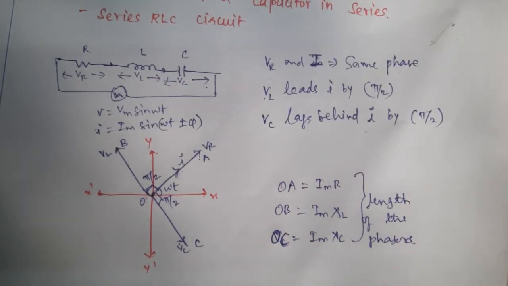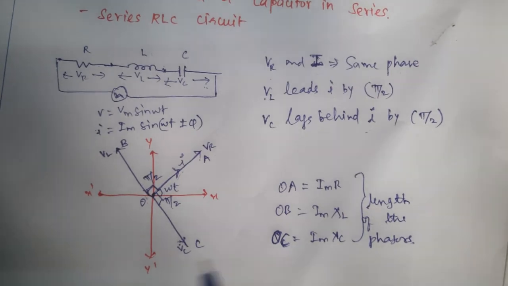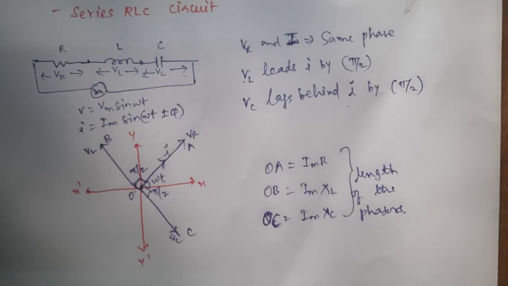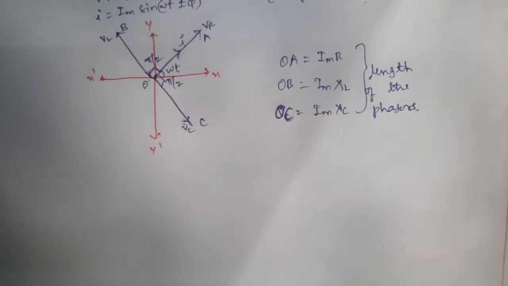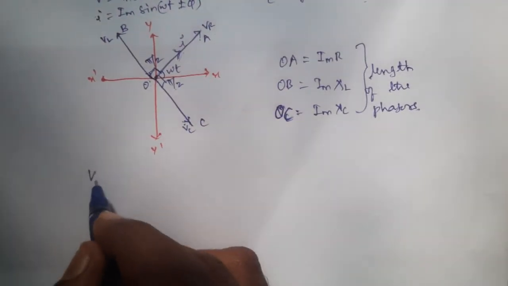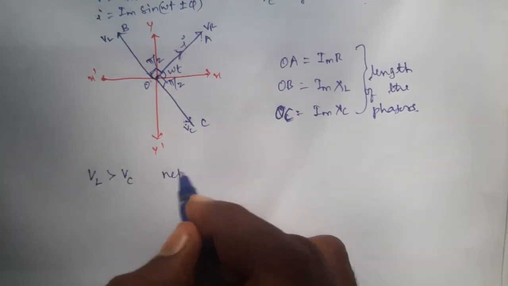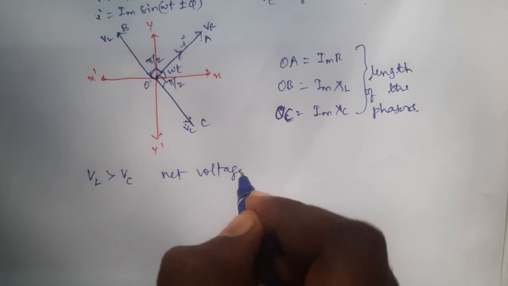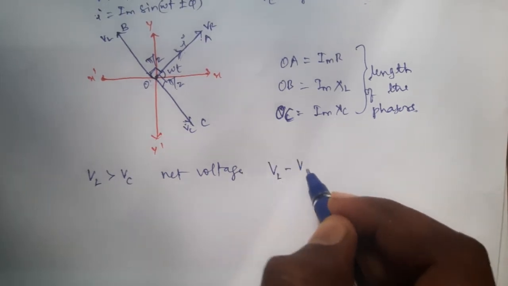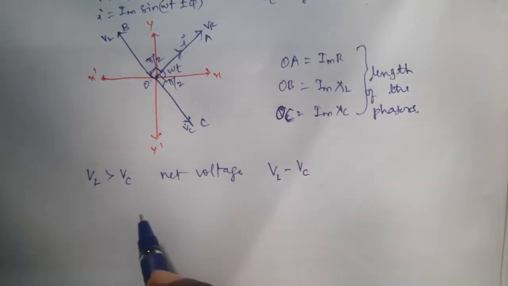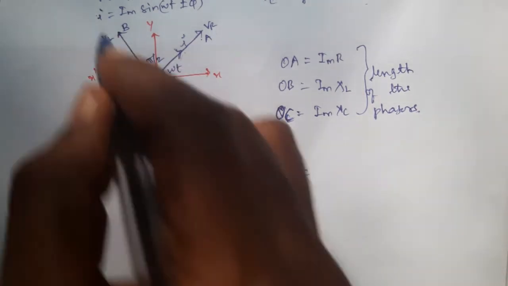The circuit is either effectively inductive or capacitive, depending on the values of VL and VC. If VL is greater than VC, the net voltage is VL minus VC, which is represented in this diagram.